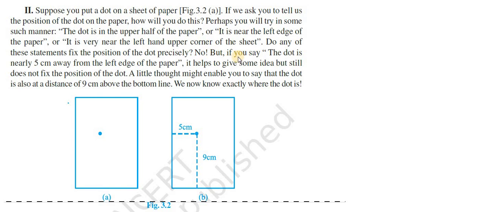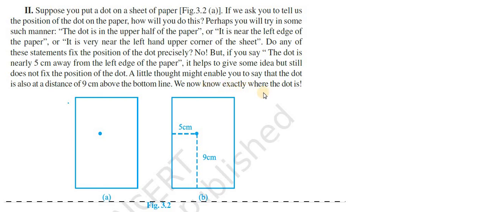No. But if you say the dot is nearly 5 centimeters away from the left edge of the paper, it gives us some idea, but still does not fix the position of the dot. A little thought might enable you to say that the dot is also at a distance of 9 centimeters above the bottom line.